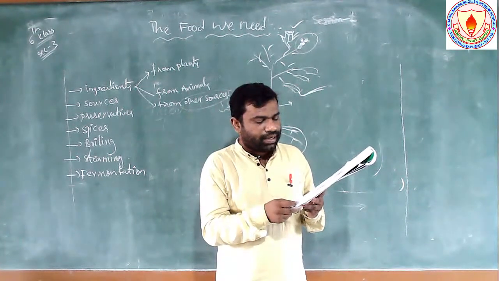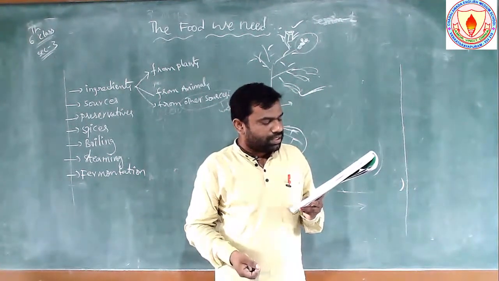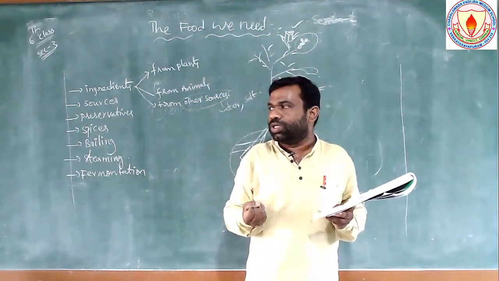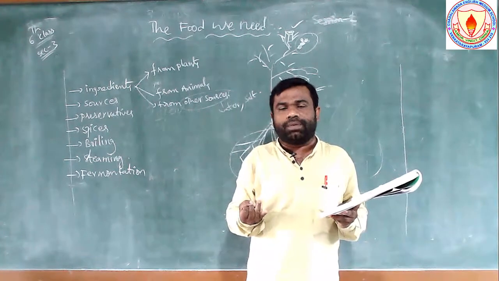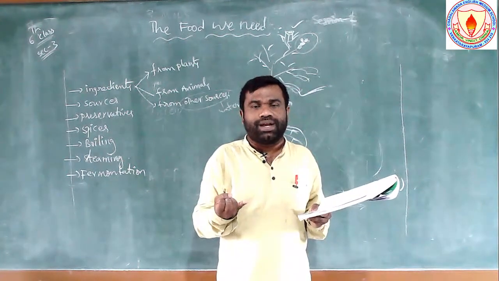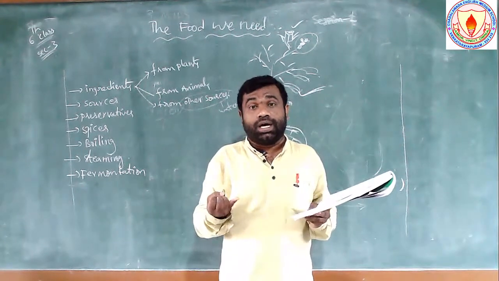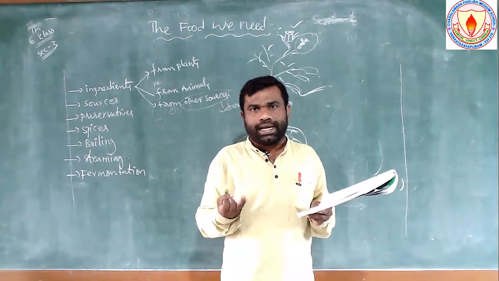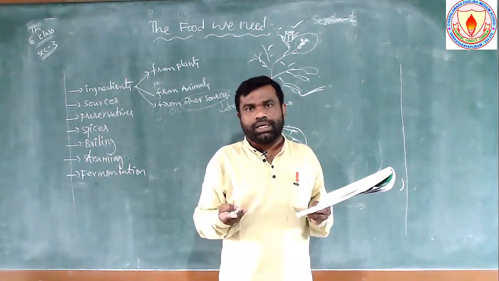Salt is an important ingredient that we get from the sea. Yes, we are taking sources from the plants, from the animals and from other sources. From plants we eat different parts, that is roots, stem, flowers, fruits and leaves.